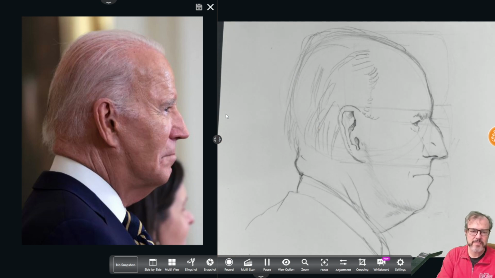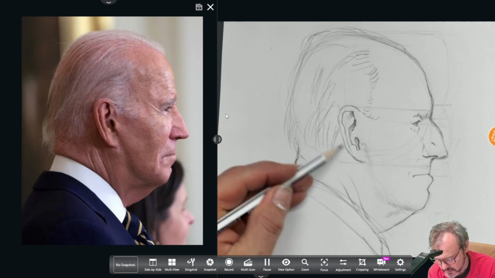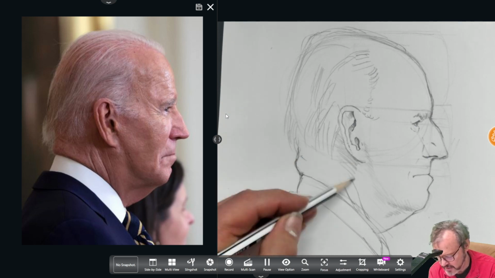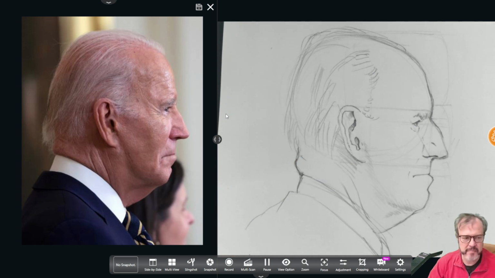Okay, so I'm at a stage now where I need to think about making some corrections. And I want you to watch this process because it's important to understand that artists often don't get a likeness right away. I don't think I have a likeness here.